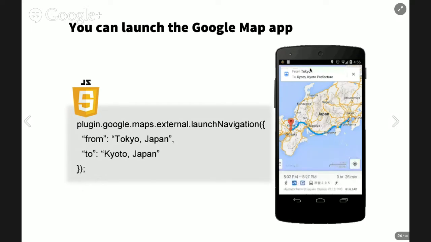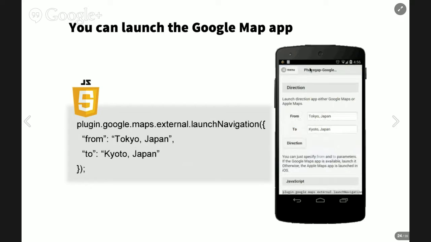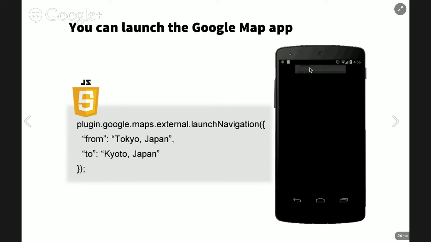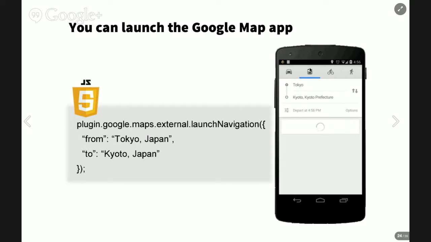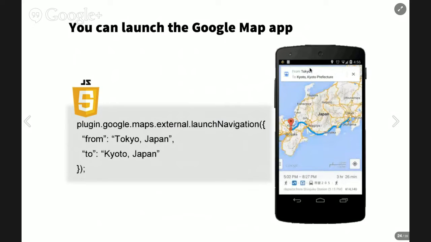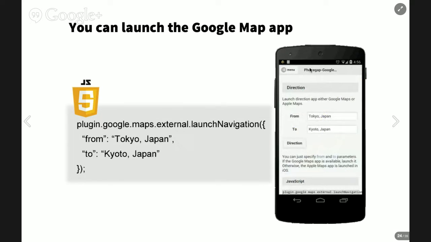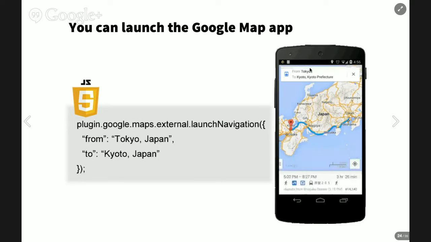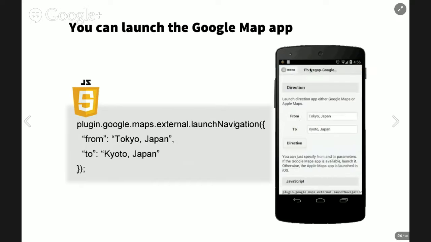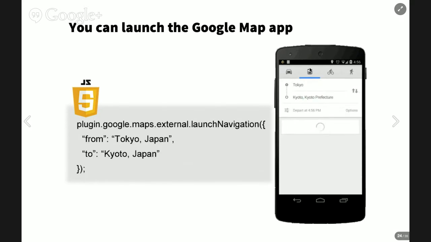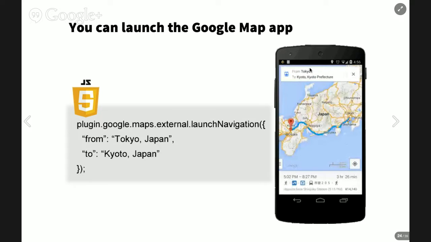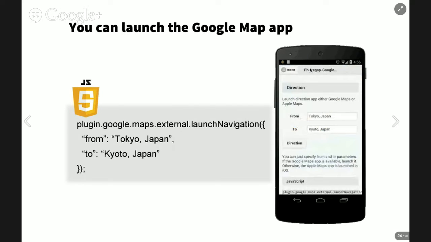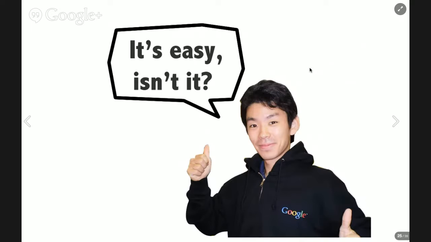Or if iOS doesn't have Google Maps, it launches Apple Maps. Because the plugin doesn't have a navigation feature yet, until I implement it, I provide a launch navigation feature. It's easy, isn't it?